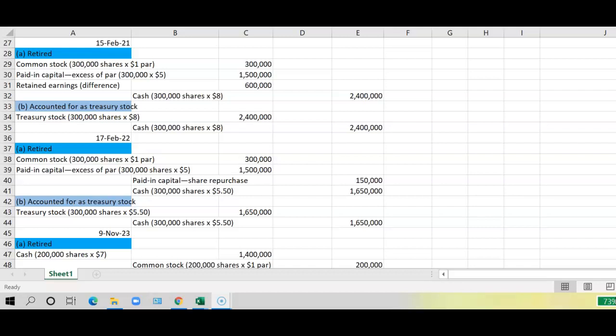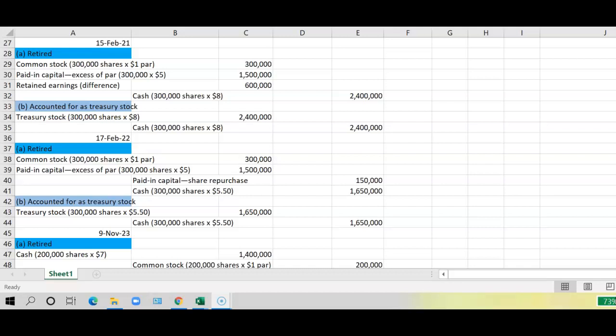Another reason is the company may feel that their stock is undervalued, so by repurchasing their own shares, they hope to increase the price of the stock. Another reason would be they are planning for a merger, so they want to reacquire some of their shares.